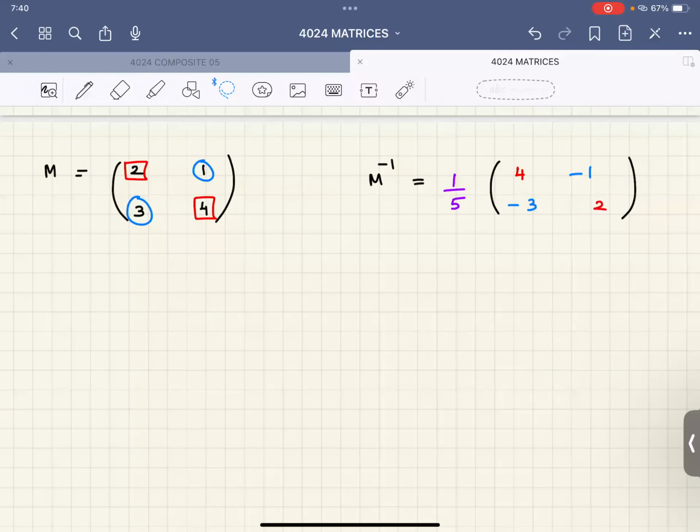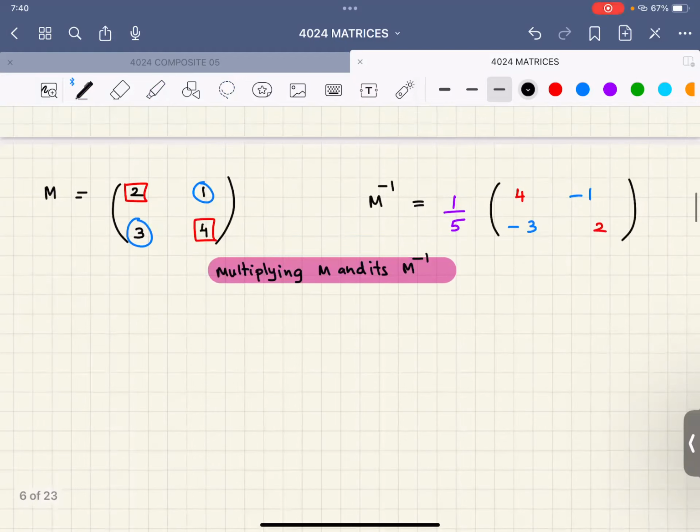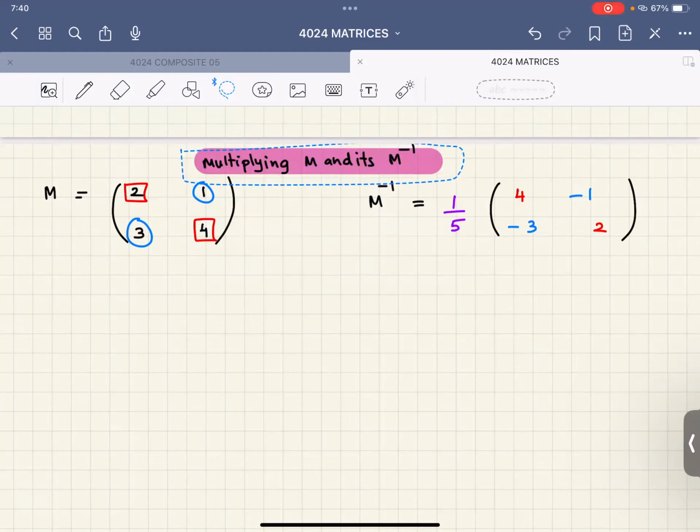Now, first of all, what I'll do is, let me just push it up a bit. And I'm interested in multiplying a matrix and its inverse, not someone else's inverse, its inverse. Now, this is the heading, so this should go up like this.